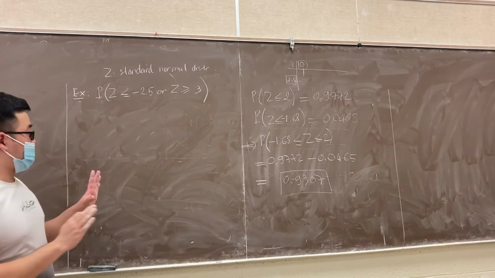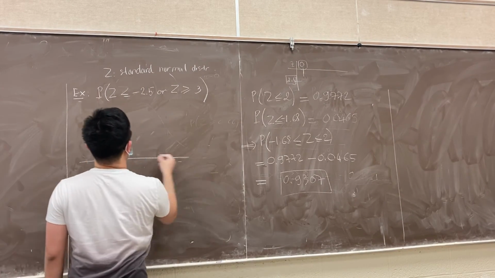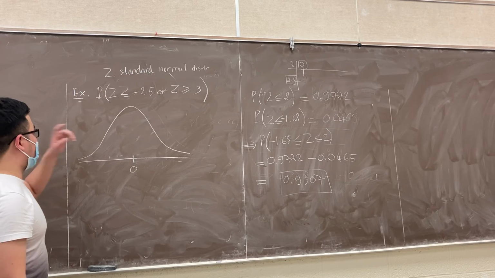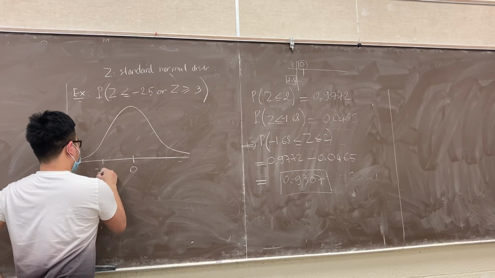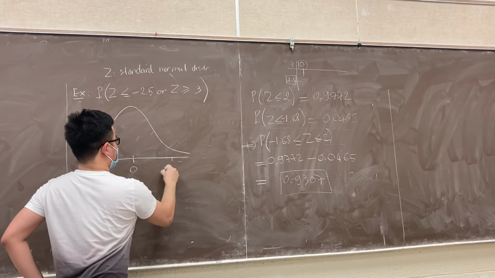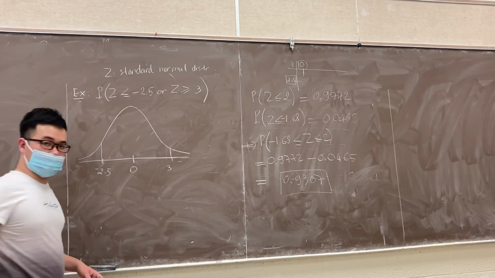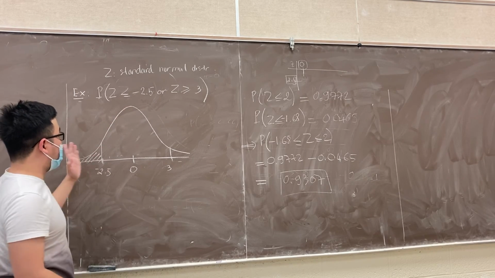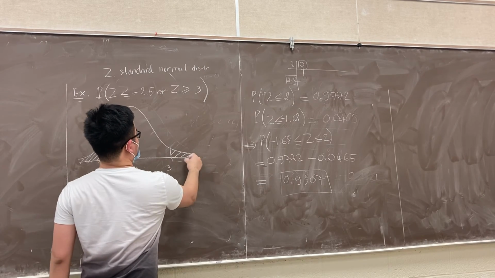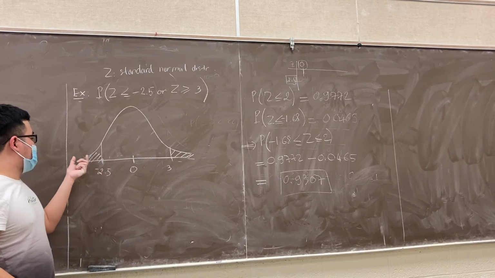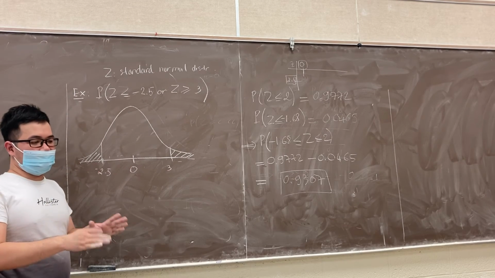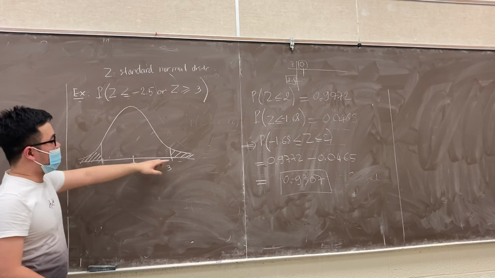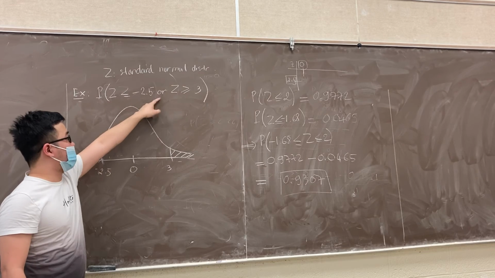To do that, we first draw the picture of this probability. 0 here, so negative 2.5 is here, and 3 here. The probability of Z less than or equal to this number, or this here. Z cannot be both at the same time, because if it's less than this one, it cannot be greater than 3. So right here or here.